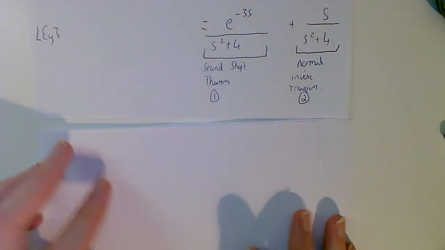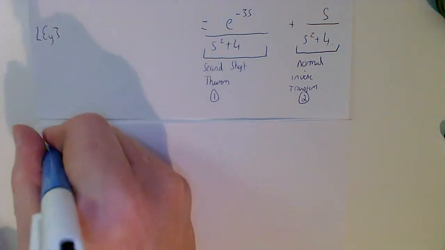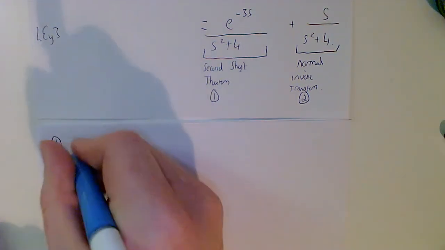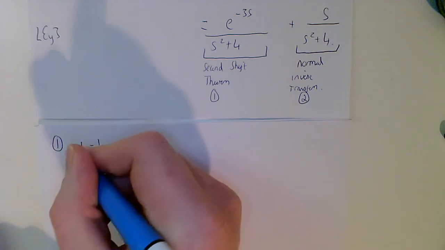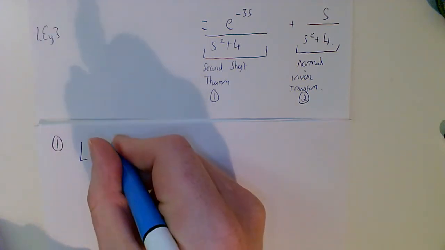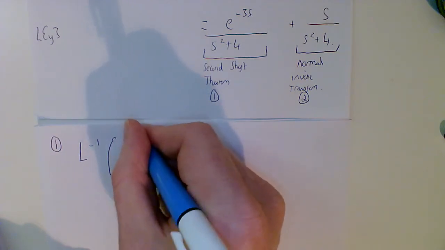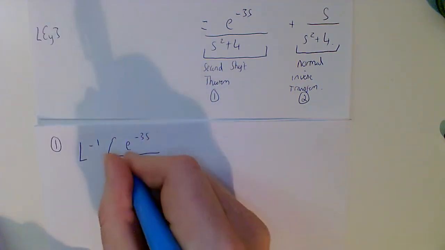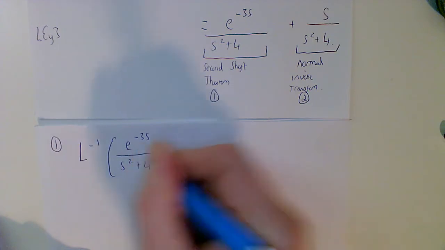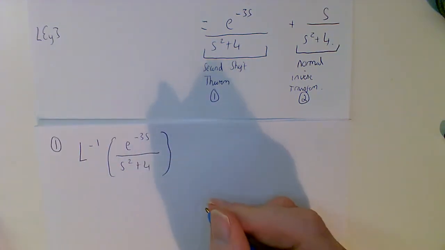So, part 1, I want to do the inverse Laplace transform of e to the negative 3s over s squared plus 4. I think that's the dream.